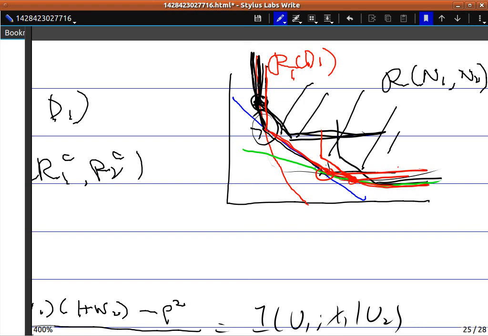But of course, you can also use the time sharing argument because this point is achievable, this point is achievable. You can time share these two schemes, use this scheme for some fraction of time and the other scheme for the remaining fraction, then you can achieve any points between them. And then everything on the left will be achievable simply by padding the weight for R1.